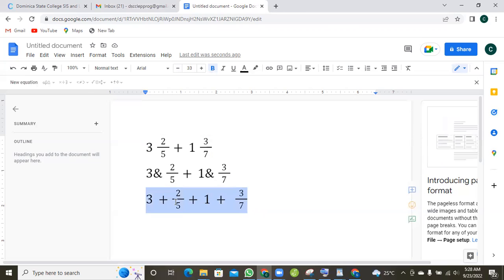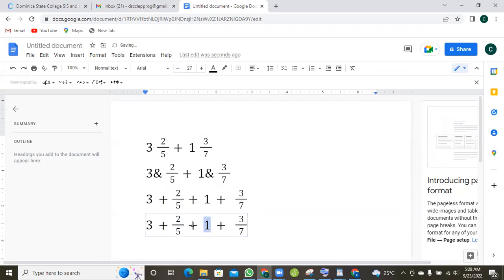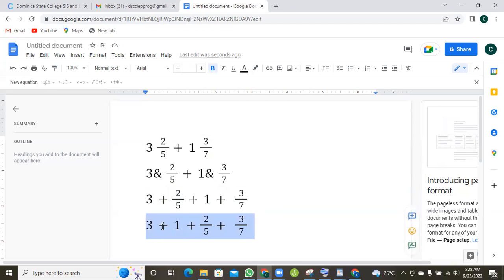Now, we can rearrange this expression by bringing like terms together, meaning whole numbers to whole numbers, so that plus 1 can come by the 3, and the plus 2/5 can be grouped up with the plus 3/7. So you have 3 plus 1. 3 plus 1 will give us 4.